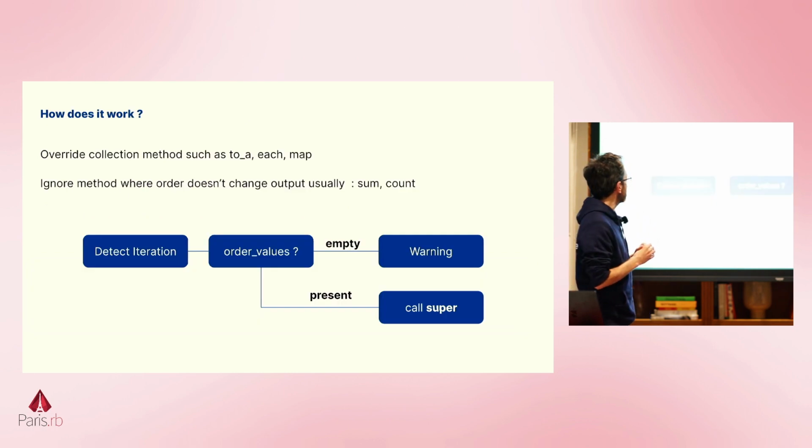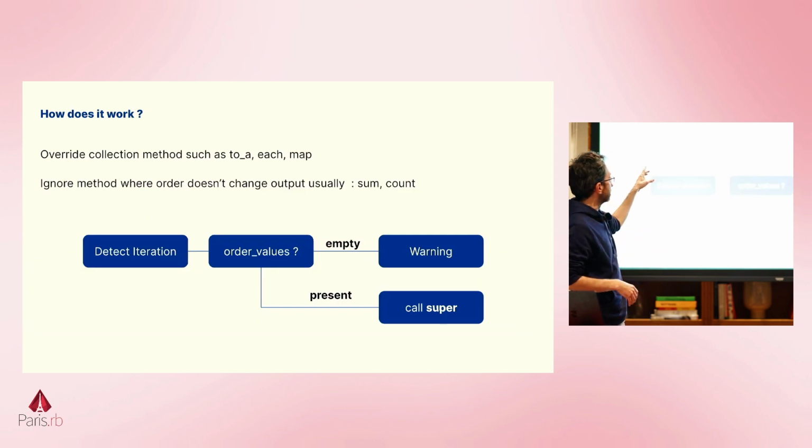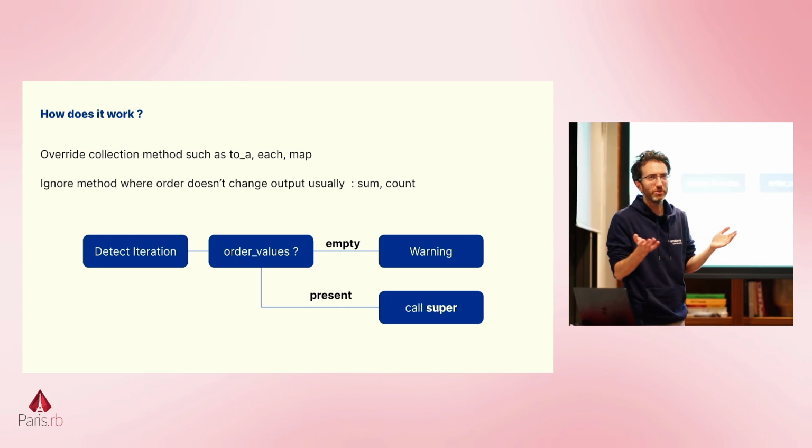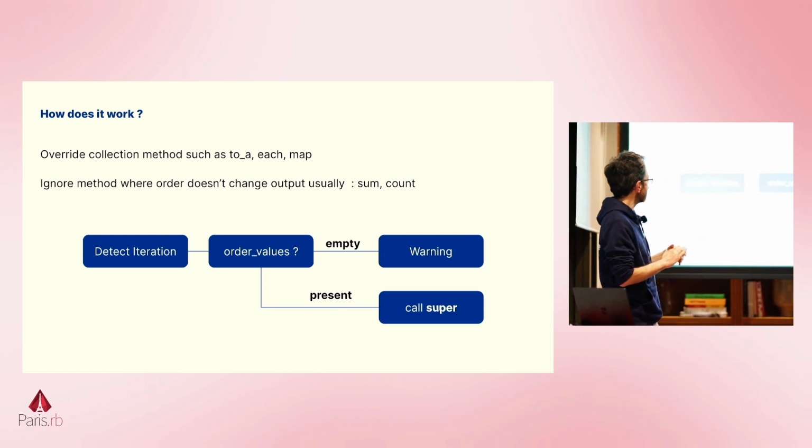How does it work? We override iteration methods like to_a, each, map on the ActiveRecord model and ActiveRecord relations. But we don't override methods which don't care about the order, like sum or count. You don't have to order if you just want to count the items.